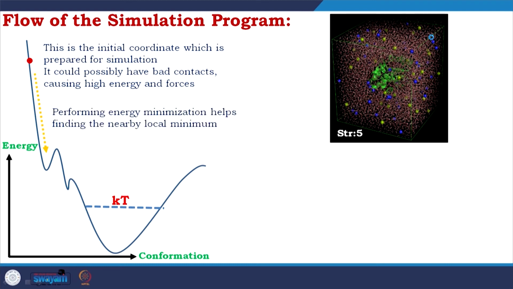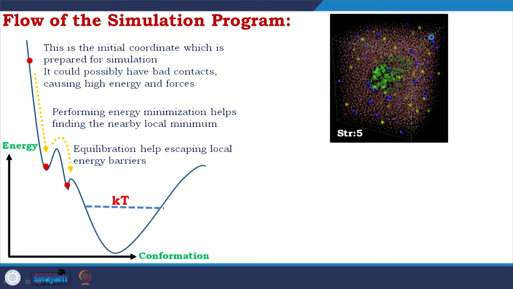We have to perform energy minimization, which would help find the nearby local minimum. So, if you perform minimization, you reach here. What next? From this local minimum to another local minimum, you need equilibration. We talk about ensembles.